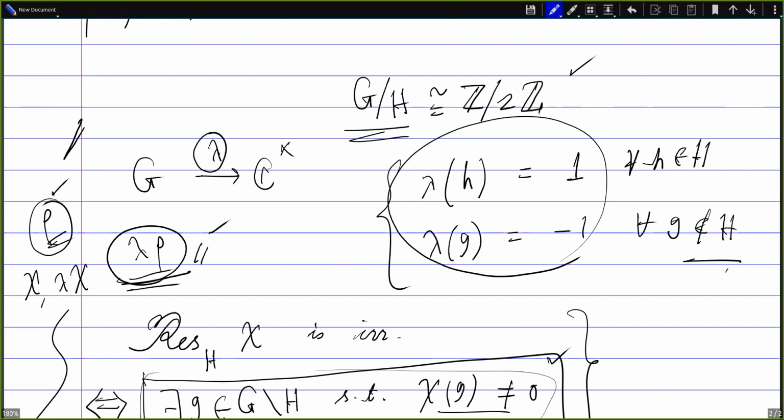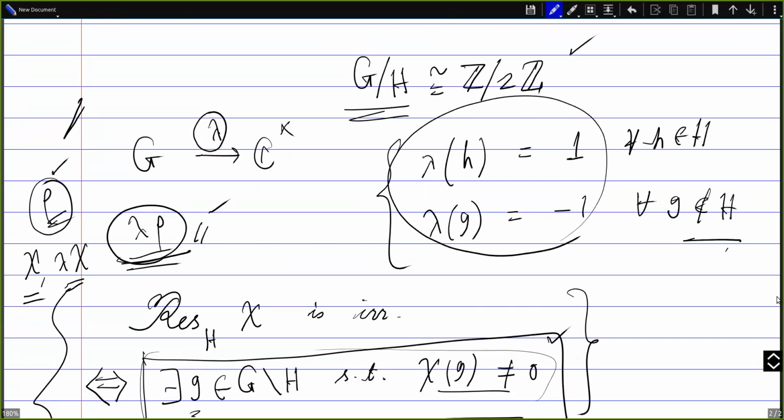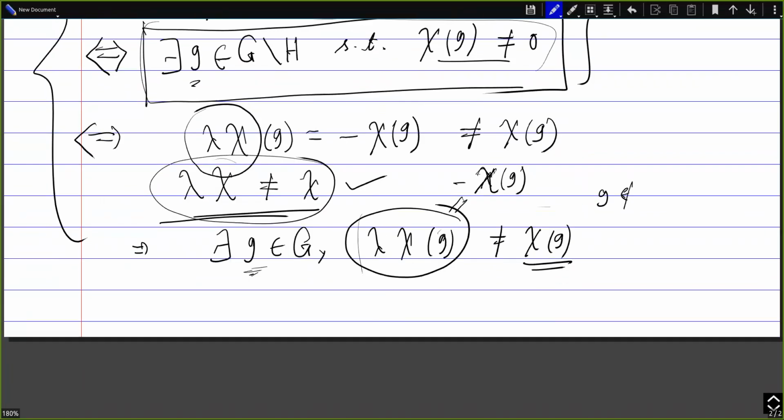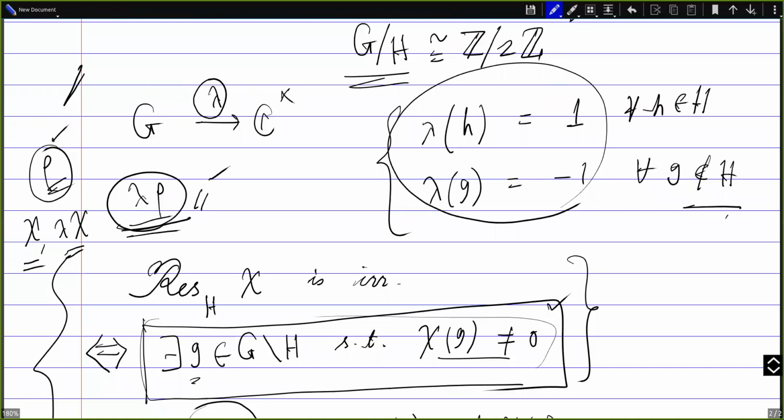The restrictions of chi and lambda chi on H are equal. The question is whether they are equal everywhere on G or not. This equivalence shows that they will be equal if and only if the restriction of chi is not irreducible. So the restriction of chi is irreducible if and only if these two characters are different. With that I will stop. I think things are clear. Let's stop.